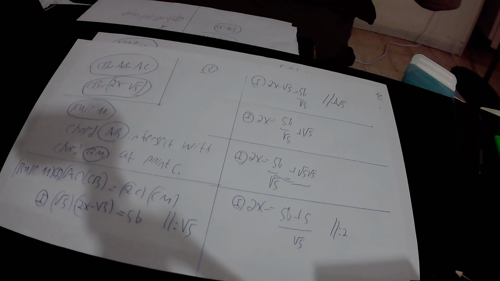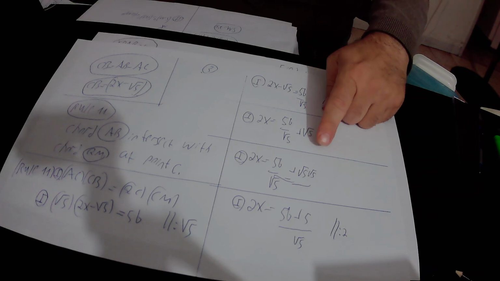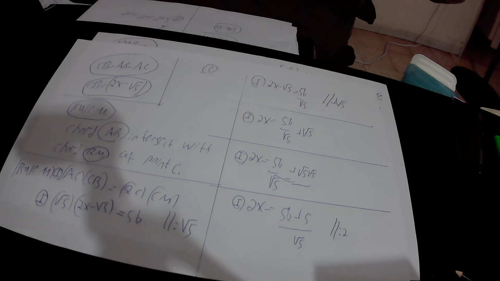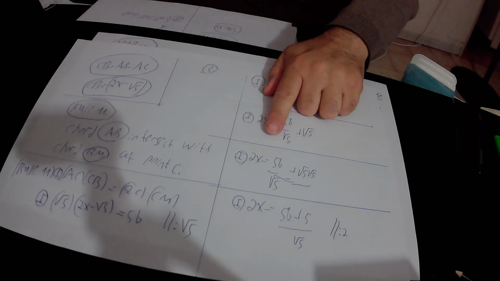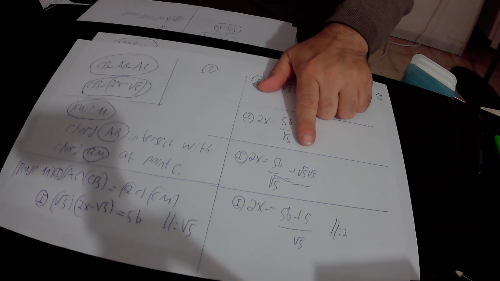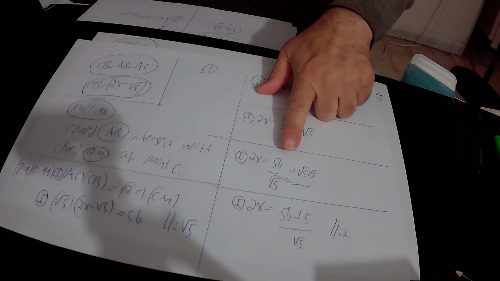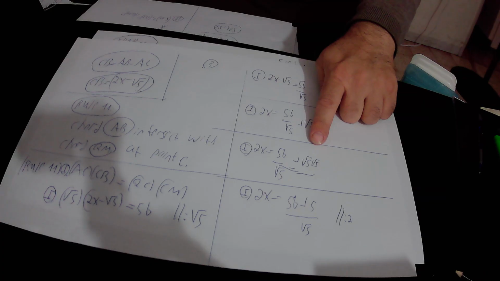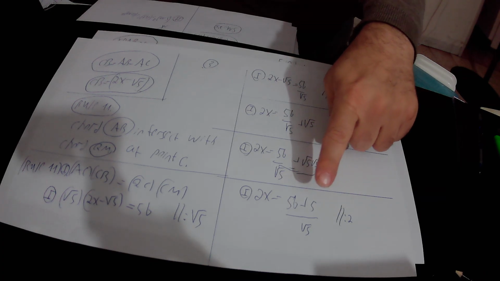Then we multiplied square root of 5 by square root of 5 and divided by square root of 5, so we changed nothing. So in conclusion, 2x equals 5b over square root of 5 plus square root of 5 times square root of 5 over square root of 5.